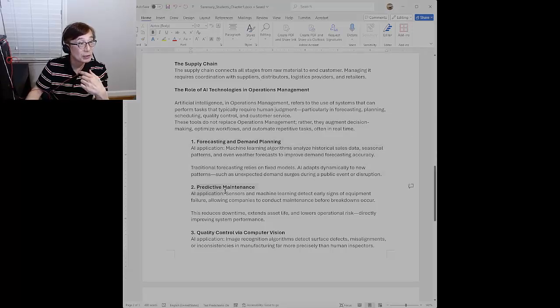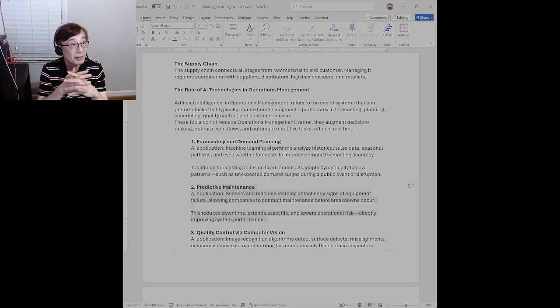And the other one is predictive maintenance. That's another advantage of AI applications. The sensors and machine learning detect early signs of equipment failures so the companies can conduct maintenance before things happen, right? So before breakdowns and failures may occur, you can detect earlier.